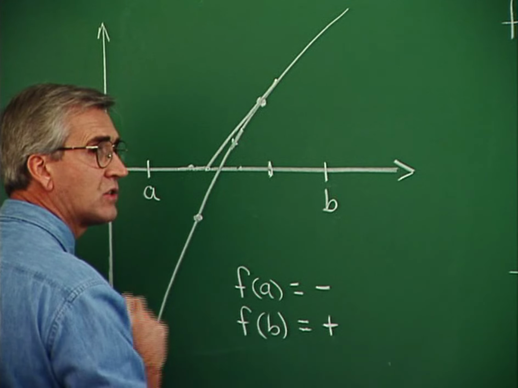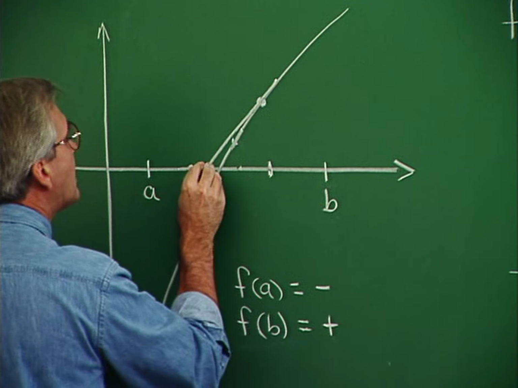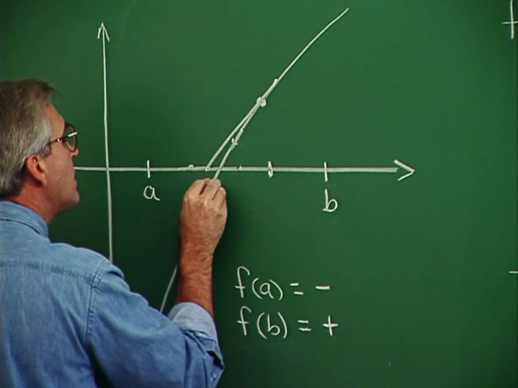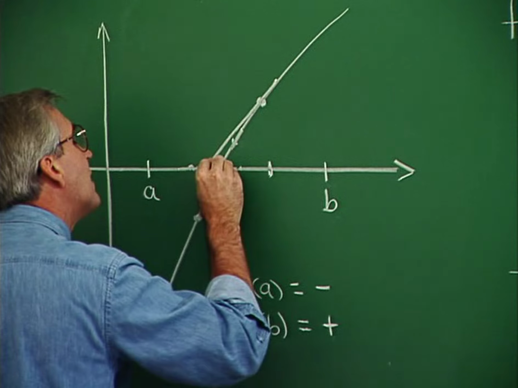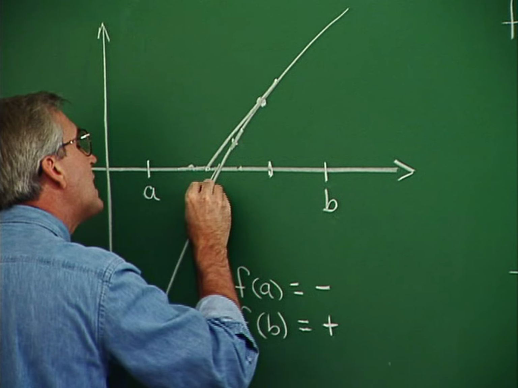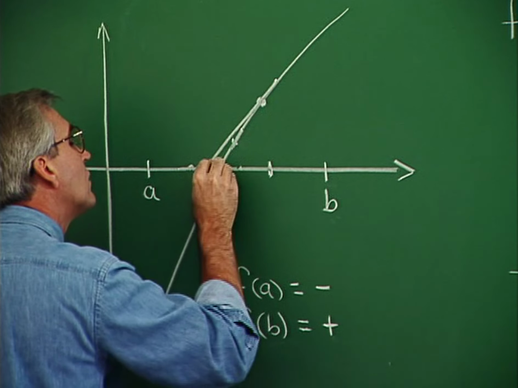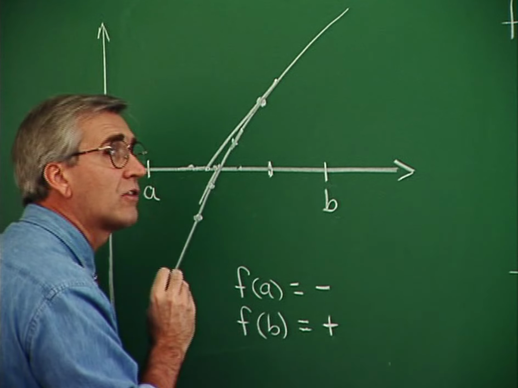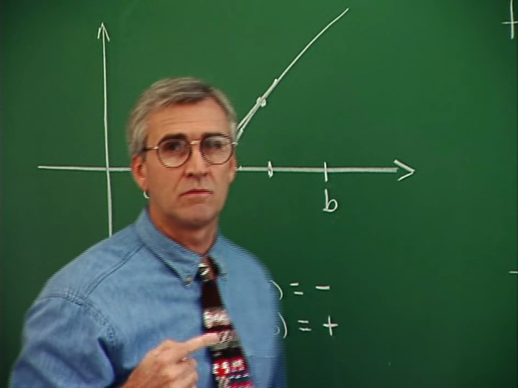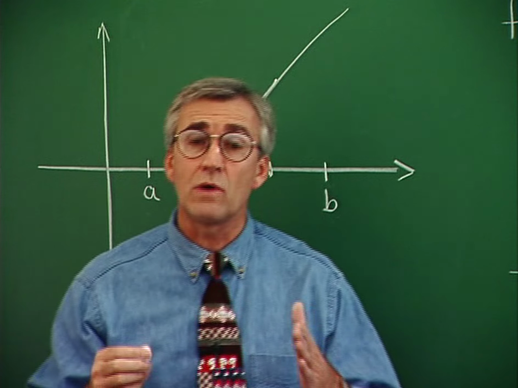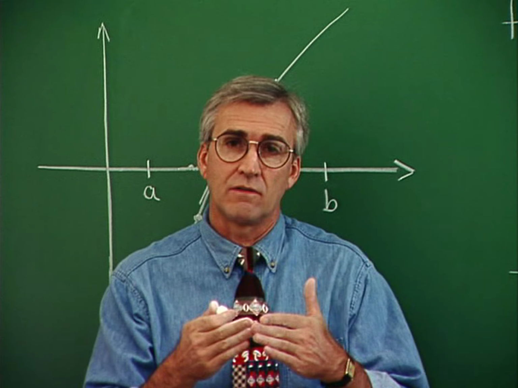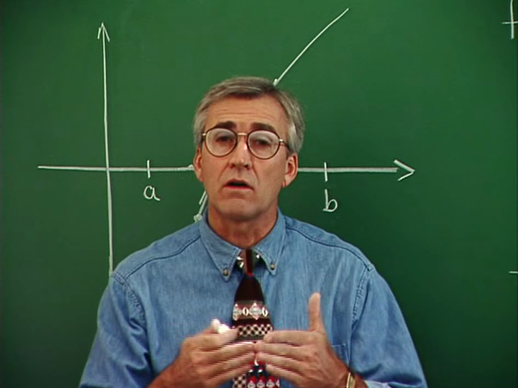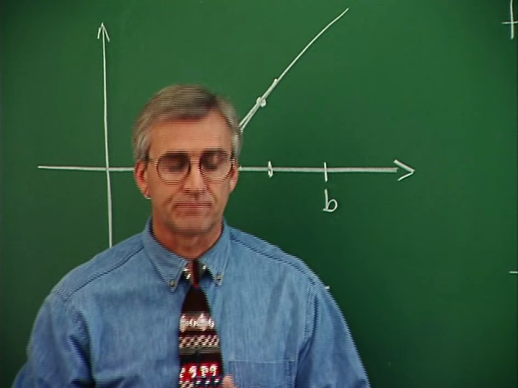And that is our next guess. And f of that point is down here, and then we have a tangent line at this point, and the place where that tangent line crosses the x-axis is right in here, and that'll be our next guess, you see. And performing iterations like that, we get at the crossing, or a very good approximation of that zero, much quicker than we would by the bisection method.